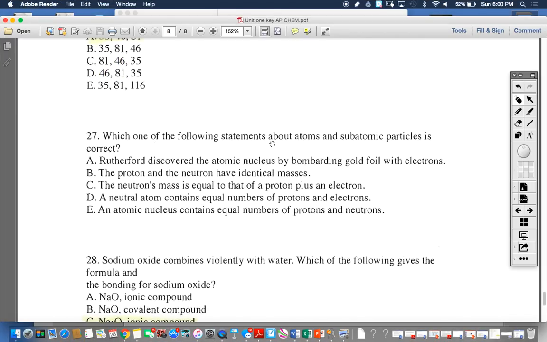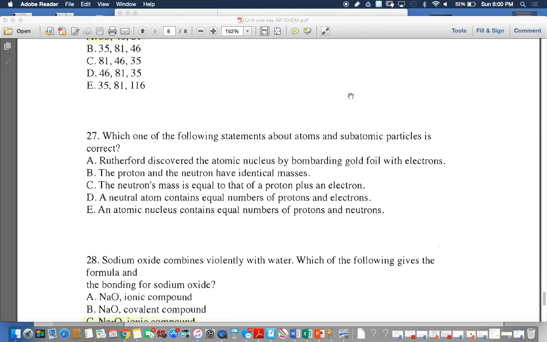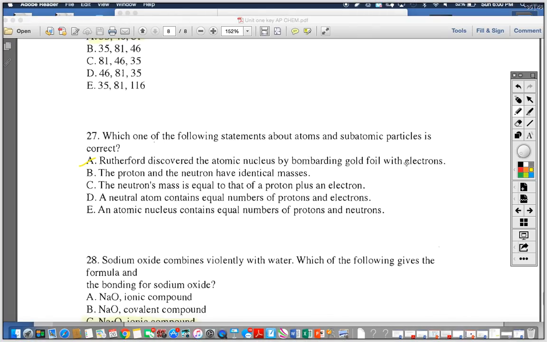27 is weird. It says, which of the following statements about atoms and atomic subparticles is correct? This is incorrect because he did not use electrons. Rutherford used alpha particles. B is actually correct because we say the proton and the neutron have a mass of 1 AMU. Neutron's mass is equal to that of a proton plus an electron.